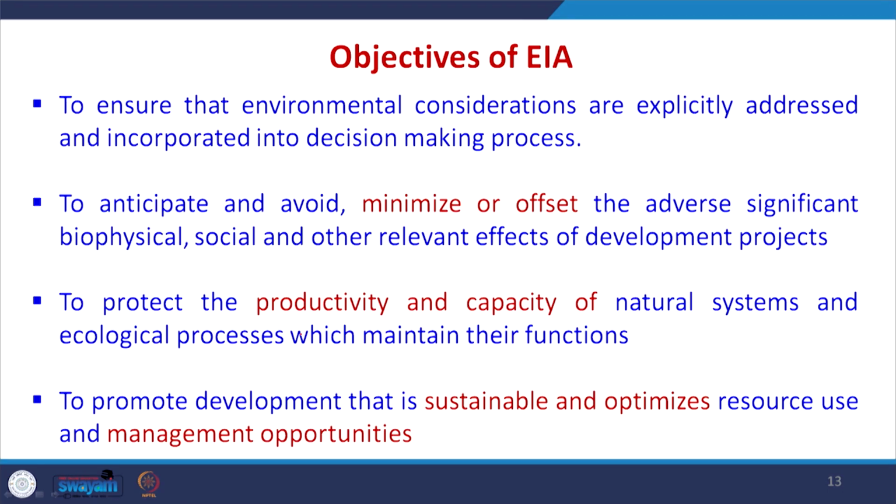Now, the objectives of EIA: it is done to ensure the environmental considerations are explicitly addressed and incorporated into decision making process, to anticipate and avoid, minimize or offset the adverse significant biophysical, social and other relevant effects of the development projects, to protect the productivity, capacity of natural systems and ecological process which maintain their functions, to promote the development that is sustainable and optimizes resources use and management opportunities.